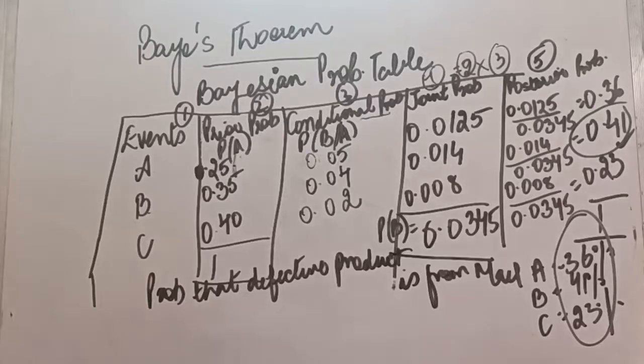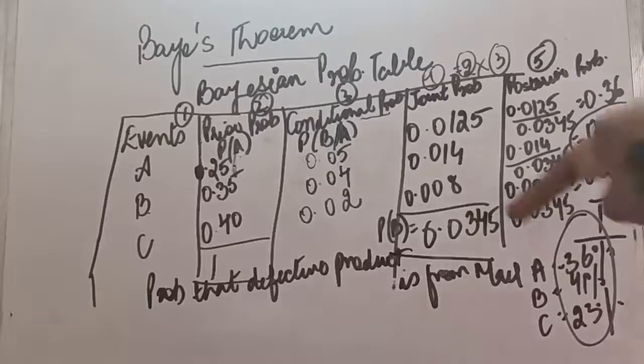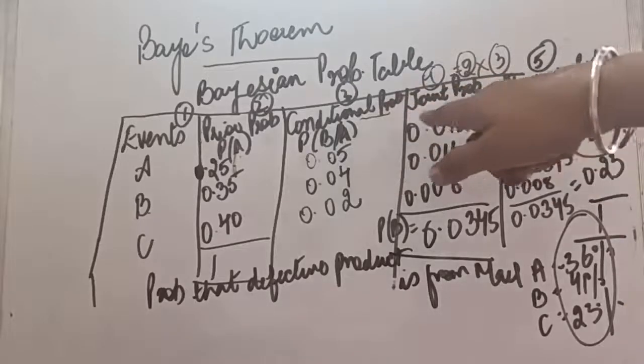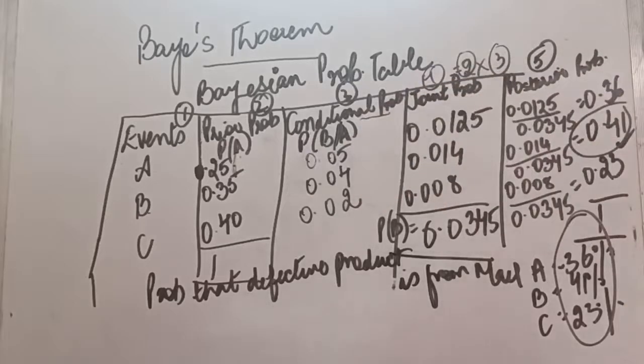That is why posterior probability is also known as revised probability, because it is obtained by revising the prior probability. And how is it revised? It is revised in the light of additional information, because we have got this additional information in between, and that prior probability is revised and converted into the posterior probability.